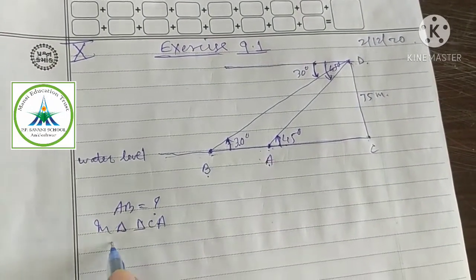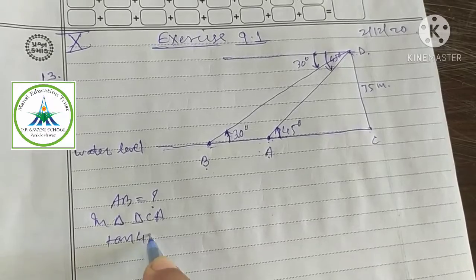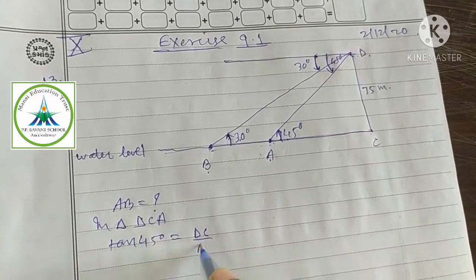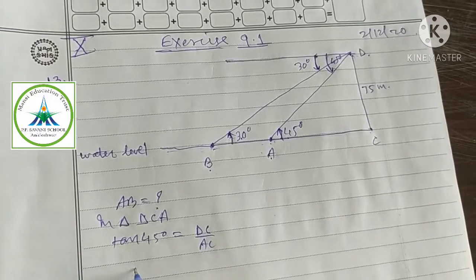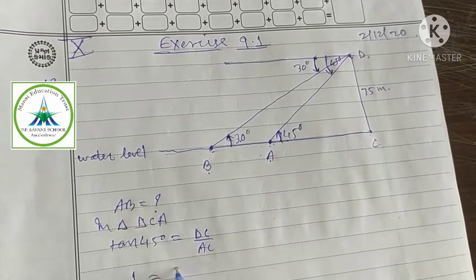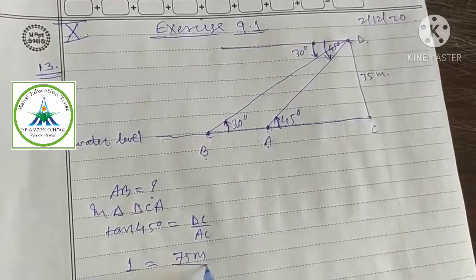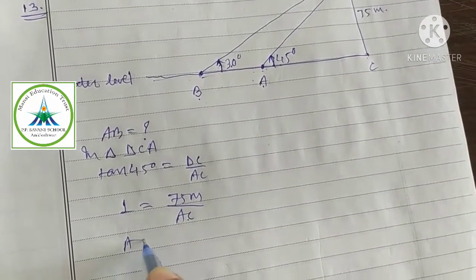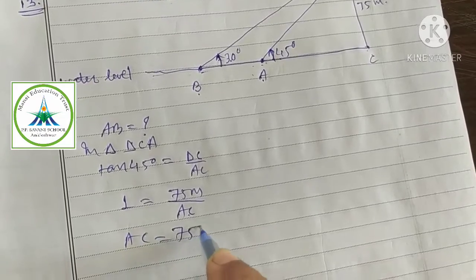Now see, tan 45 equal to DC upon AC. So 1 equal to, DC is what? 75 meter upon AC. So cross multiplication, AC equal to 75 meter.